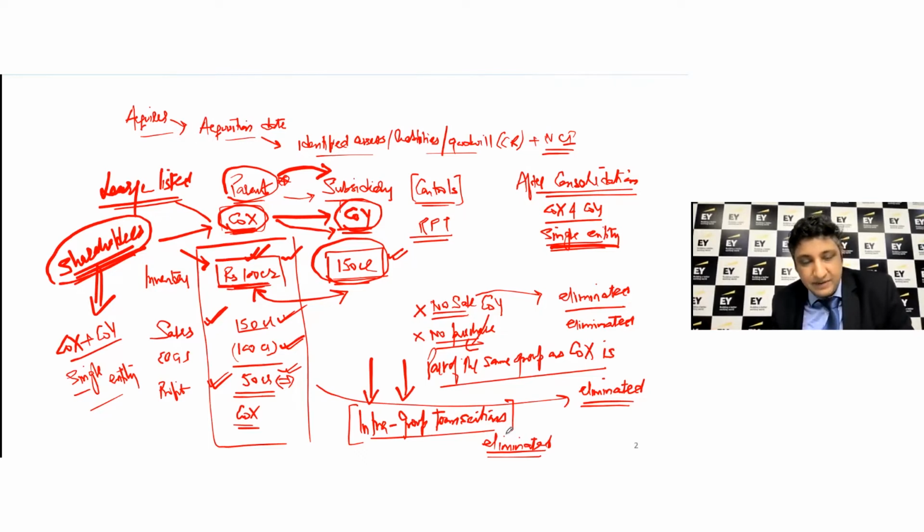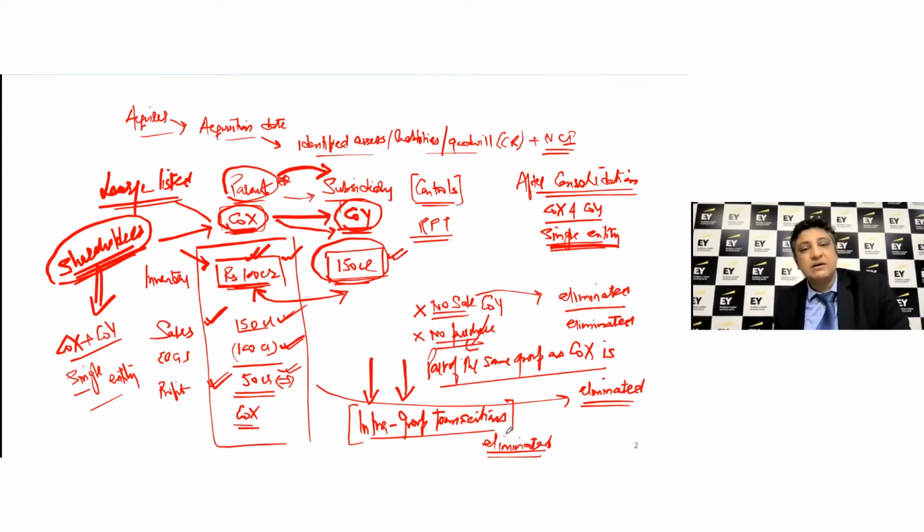The right picture of the business as a whole, as if these entities were a single business or a single entity. Okay, they are two separate legal entities. There's no denial about that. There's no problem with that. But when you bring them together, right, they appear to be a single entity. And that's how you start looking at the word consolidation.